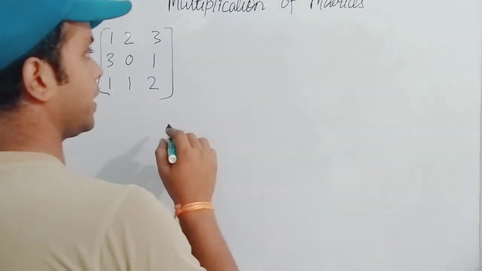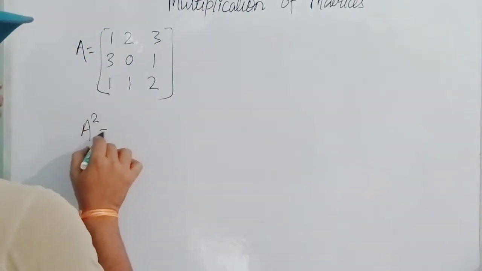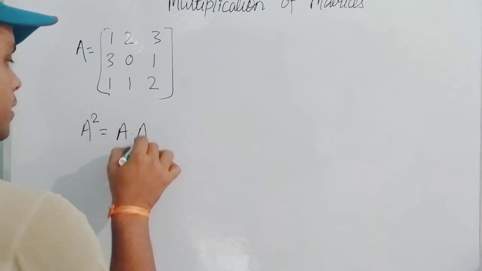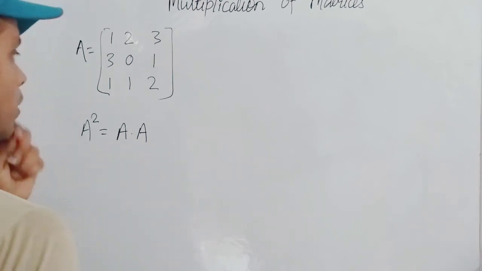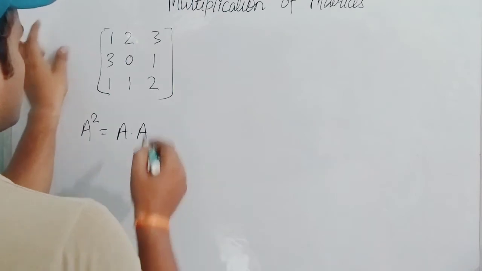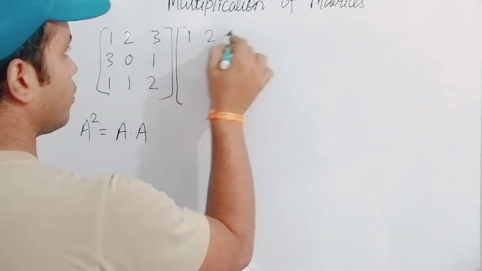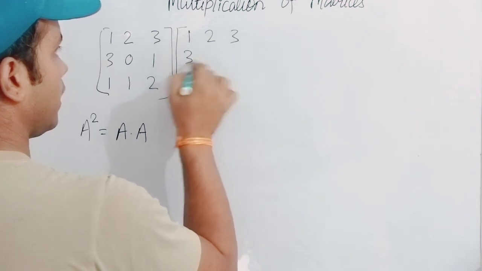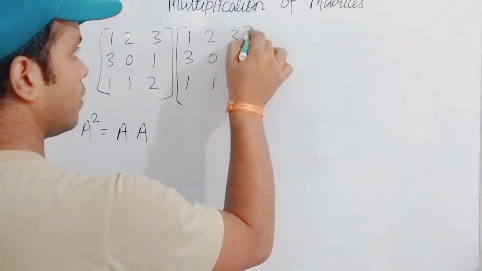अब इसका हम एग्जाम्पल देखेंगे. So basically A square is what? A matrix into A. As this way we can find A square. So what to do now? Let's put here this into 1 2 3 3 0 1 and 1 1 2.